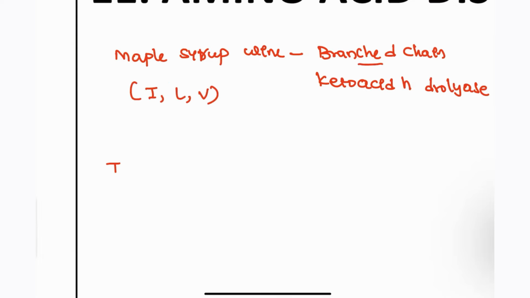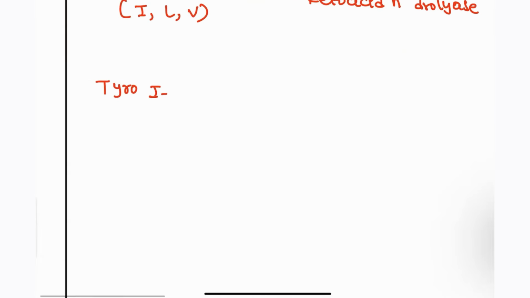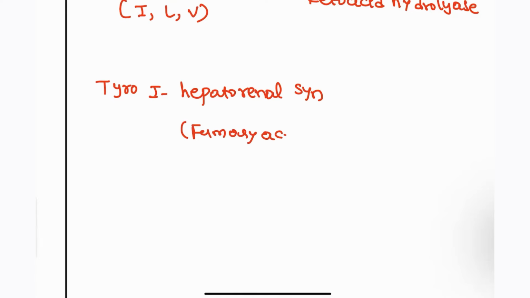Next, tyrosinemias. First, tyrosinemia 1: the patient will have hepatorenal syndrome, and this is due to deficiency of fumarylacetoacetate hydrolase. Next, tyrosinemia 2. This condition is oculocutaneous.